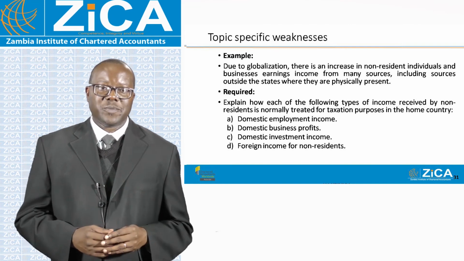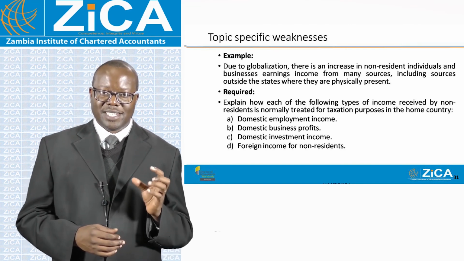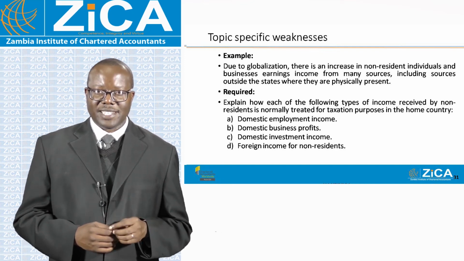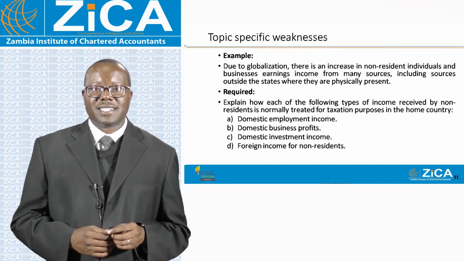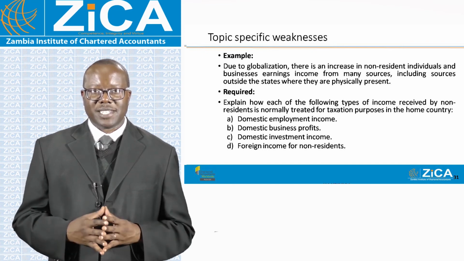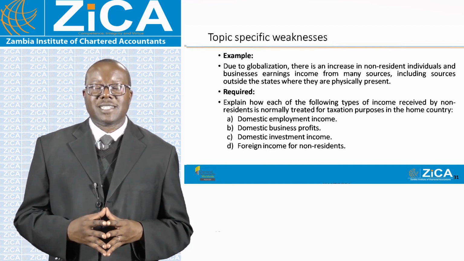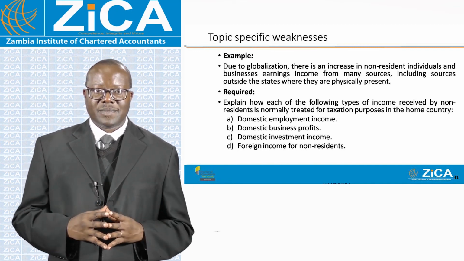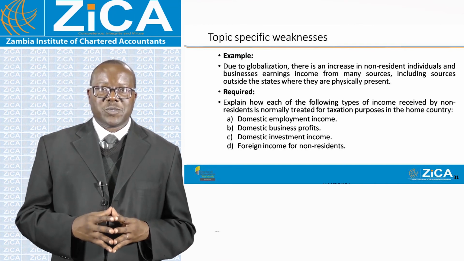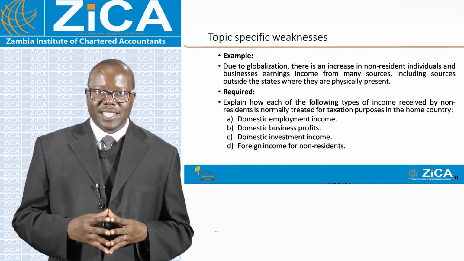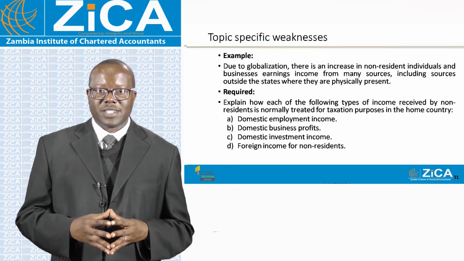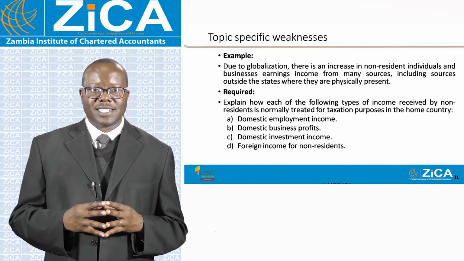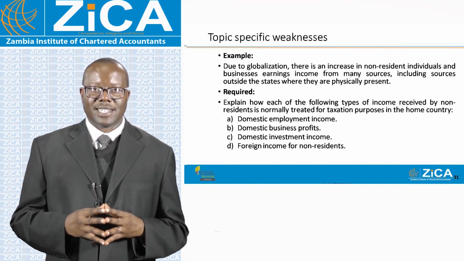There is a short scenario. It tells us due to globalization, there is an increase in non-resident individuals and businesses earning income from many sources. By many sources is meant sources from many countries. We are asked now to explain how each of the following types of income received by non-residents is normally treated for taxation purposes in the home country.